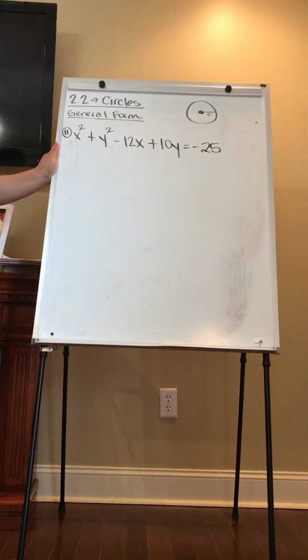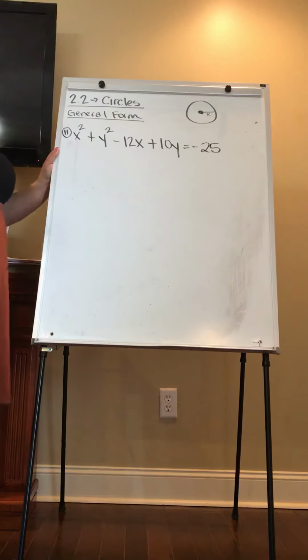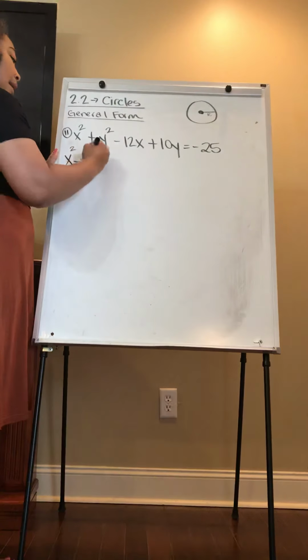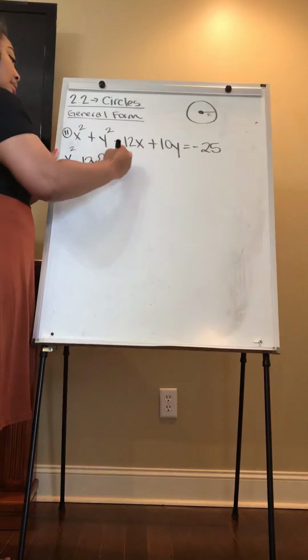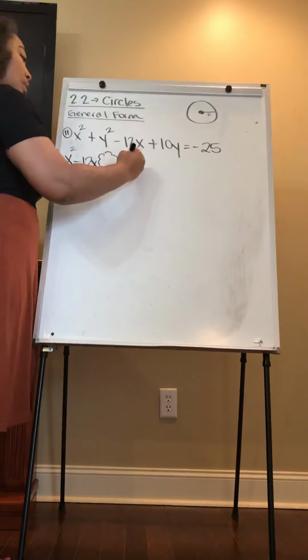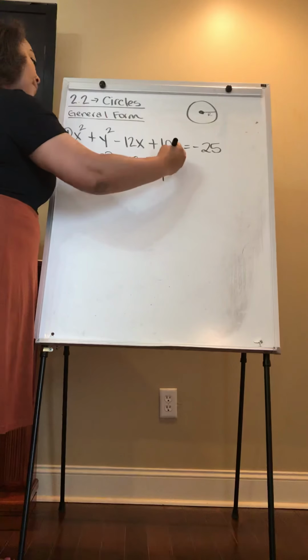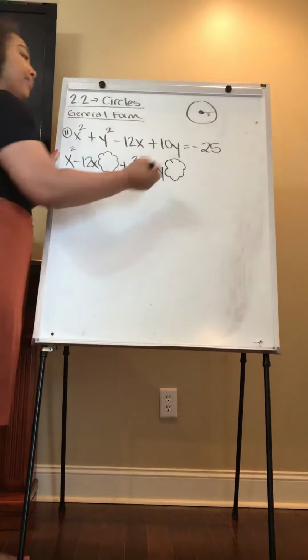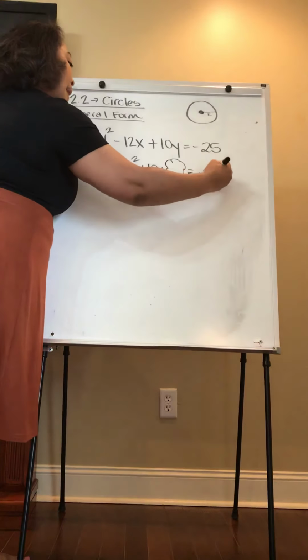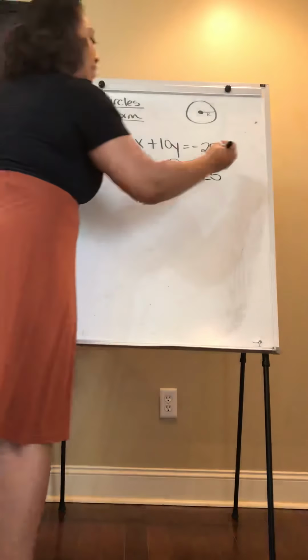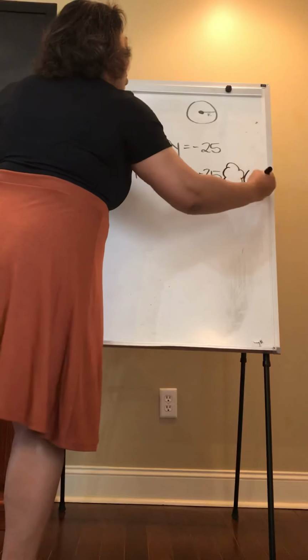So the very first step is you're going to group your x's together and group your y's together with a bubble. So you're going to have x squared minus 12x and a bubble. You're going to do y squared plus 10y and a bubble. Equals, now my number is already over there, so you're good. Leave it there. Negative 25, but I'm going to put 2 bubbles on this side.